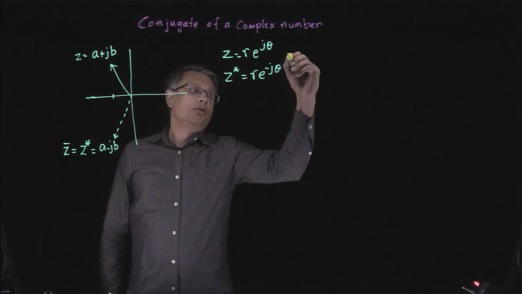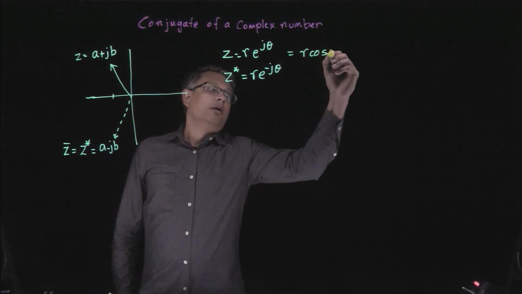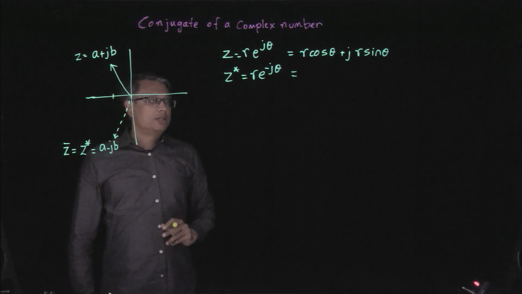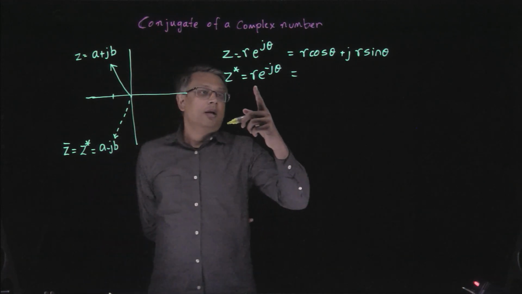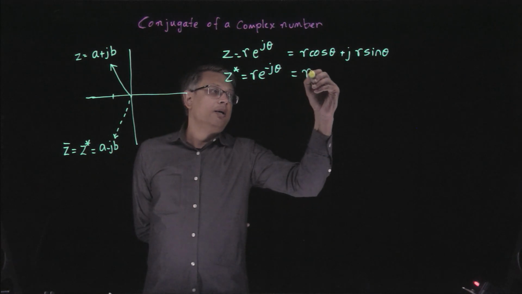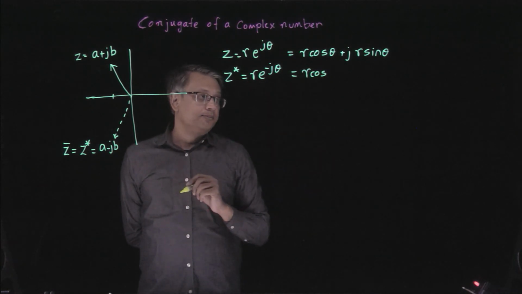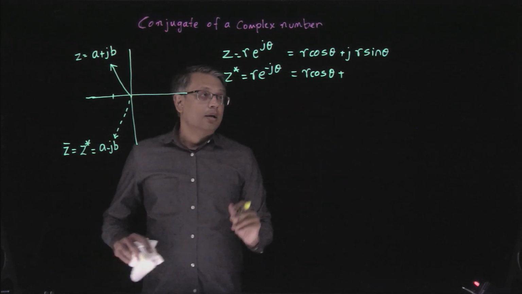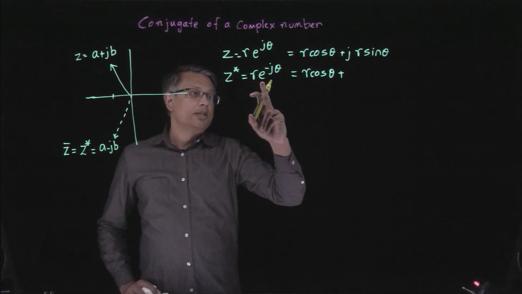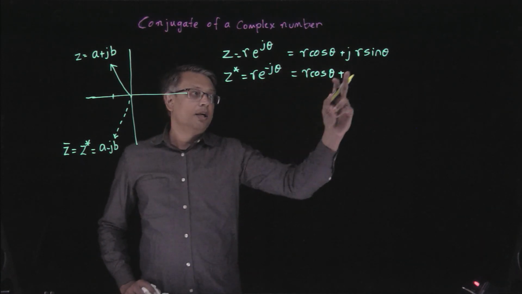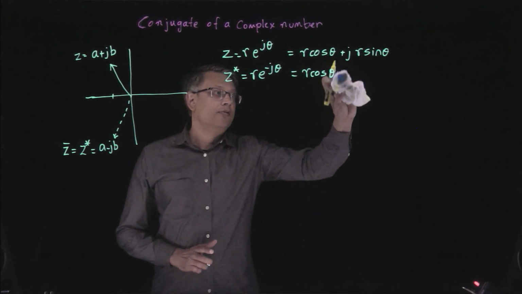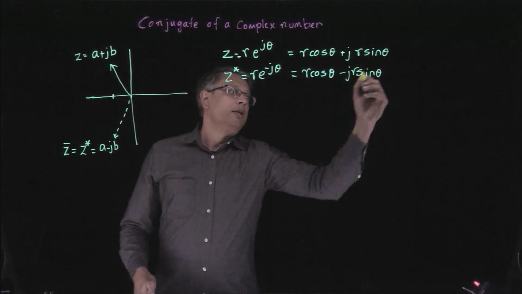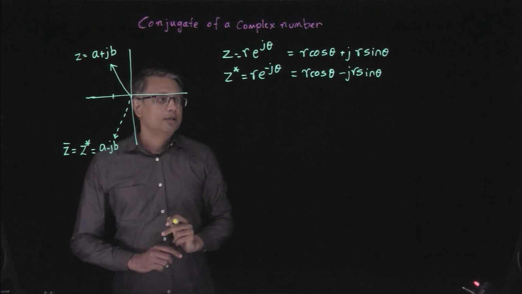And you can see that this is true because if we write z as r times cosine theta plus j times r times sine theta, and z conjugate then would be given by r times cosine of negative theta, but cosine of negative theta is the same as cosine theta, whereas the imaginary part will be given by r times sine of negative theta. And we know that sine of negative theta is the same as negative sine theta, so we get negative j times r times sine theta, and you can see that these two complex numbers are conjugates of each other.